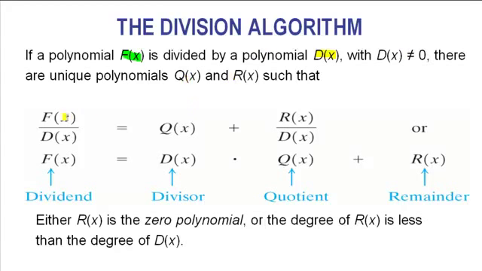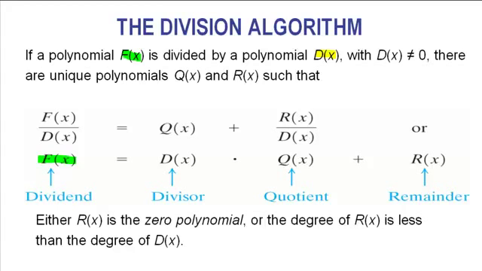So they're basically saying take any polynomial, divide it by any other polynomial you want, and the answer is going to be another polynomial plus a remainder. That's it. So you can basically now write any polynomial as a combination of two.